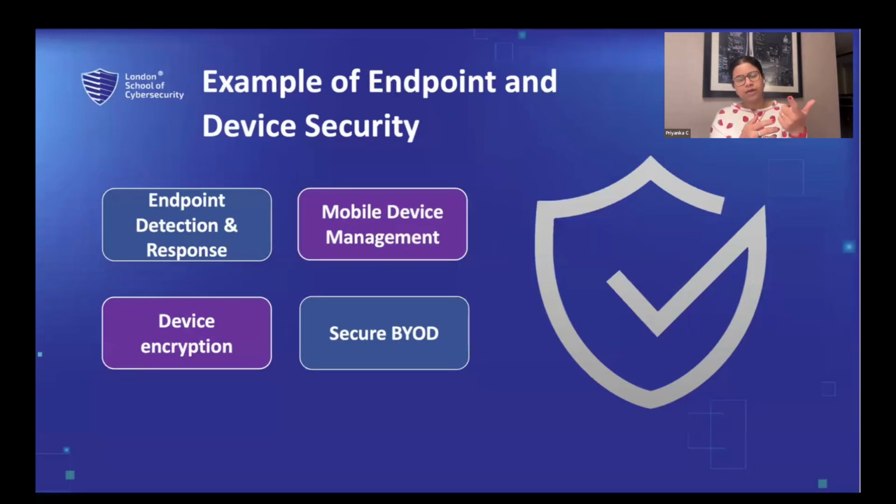Usually mobile device management applies to mobile devices like the phones and tablets that we have. How do we know which phone is an authorized phone versus which is not? How do we make sure the controls we apply secure those devices? That is called mobile device management.